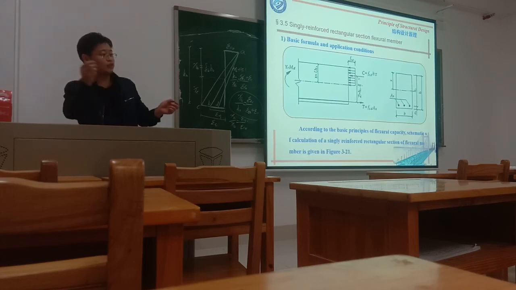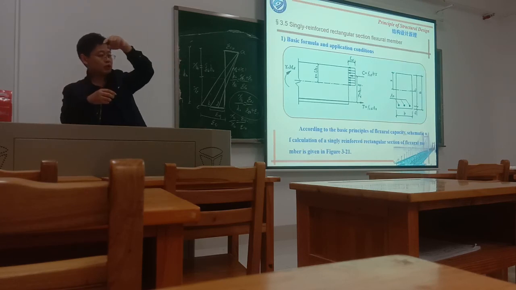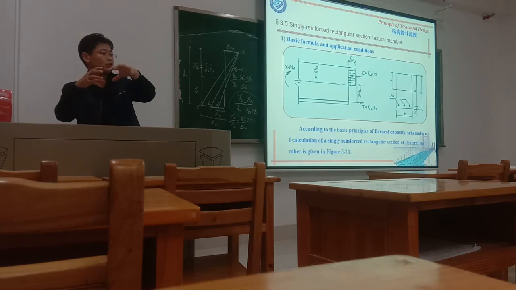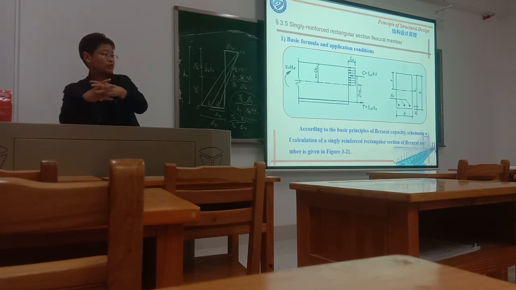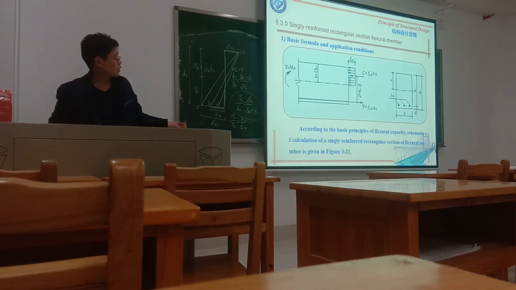Because you have tensile force and compression force, to the same point, the moments generated by the different forces should be in opposite direction and the value should be the same. The result should be 0. The moment should be 0. Keep the component balanced.